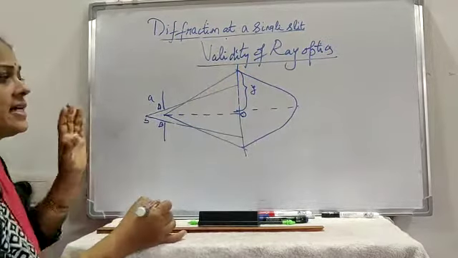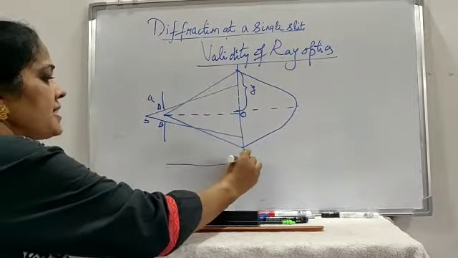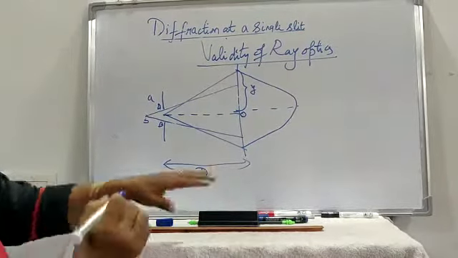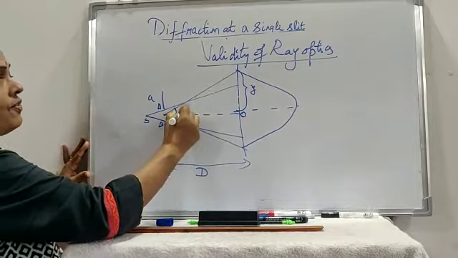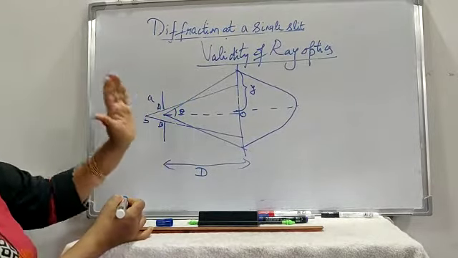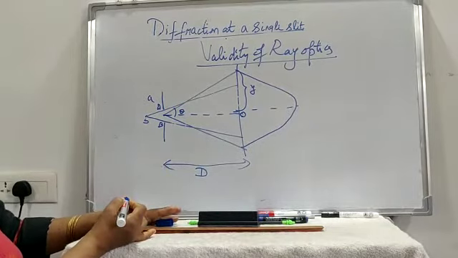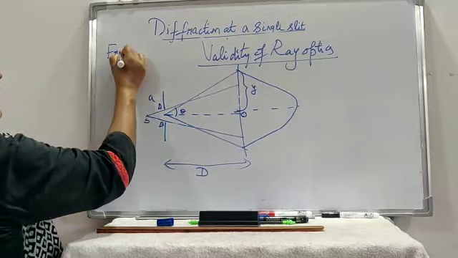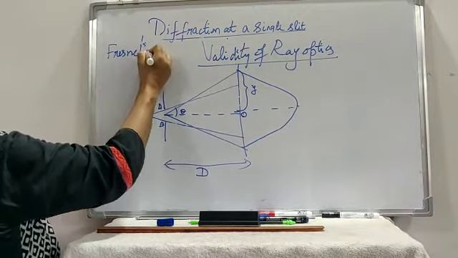You get a diffraction pattern on the screen if the wave gets diffracted. This is the angle of diffraction. Now, up to which distance is ray optics valid? We have to find out. For that, we have a distance which is called Fresnel's distance.